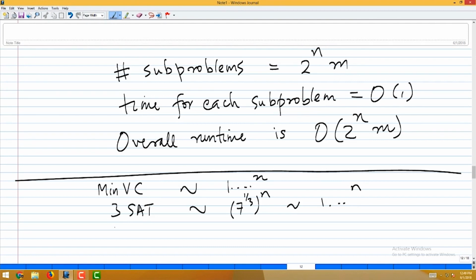For general TSP, we saw some 2 power n times n square, because the brute force here would be n factorial. And for set cover, the brute force is 2 power m, where m is the size of the family, but we have 2 power n times m, where n is the size of the universe.